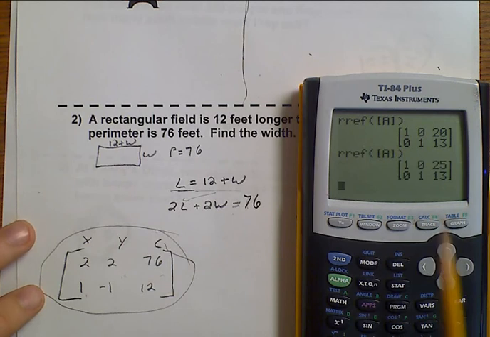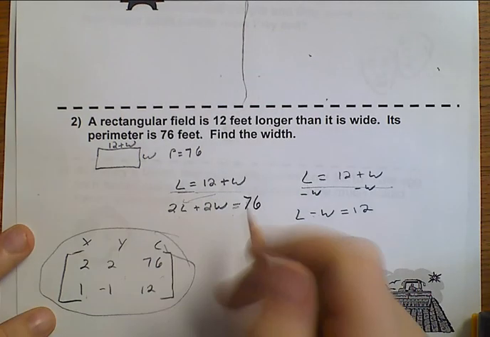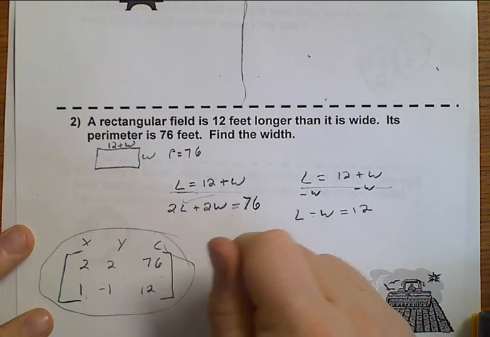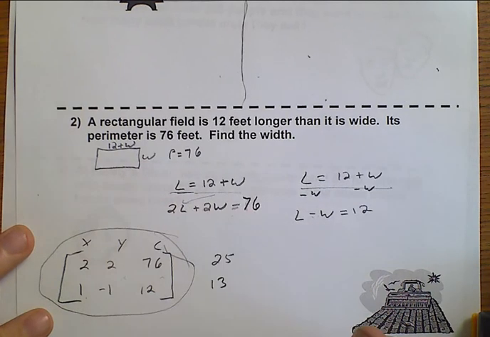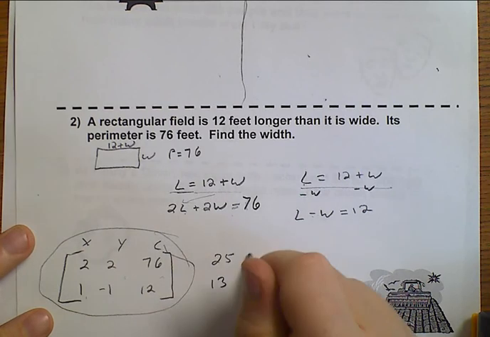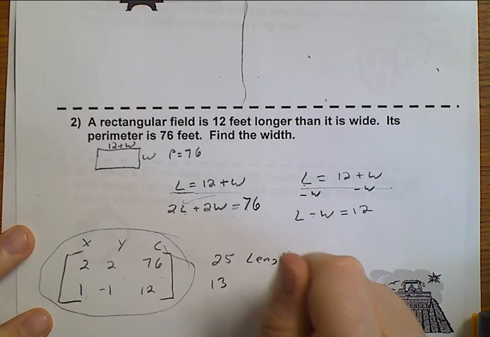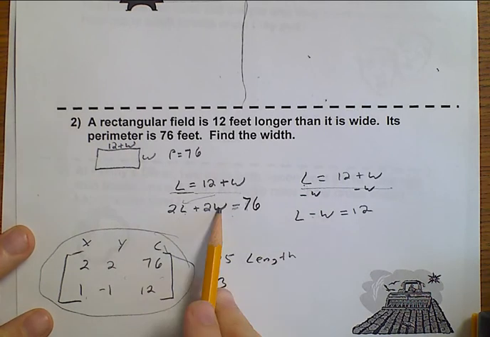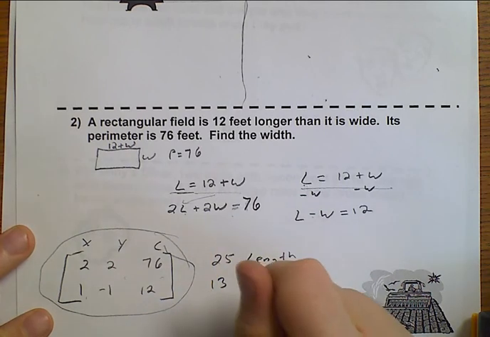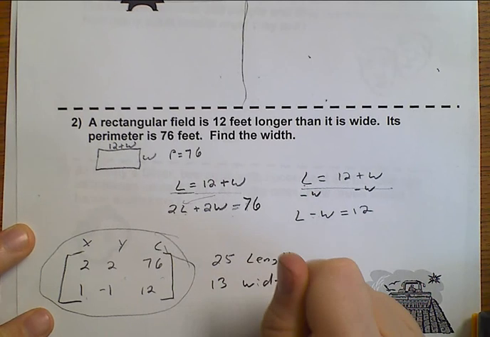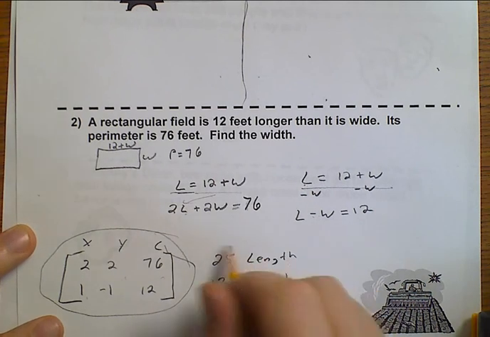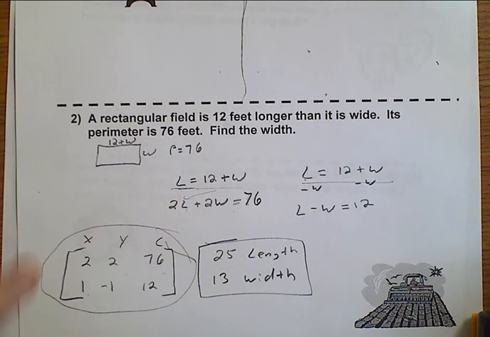And again, you'll notice that the ones and zeros are in the same place, but we have different numbers here, 25 and 13. X came first. In our case, L came first. So 25 is our length. Y was W, so we know that 13 is our width. And that's all we need to do. That's how we solve it.